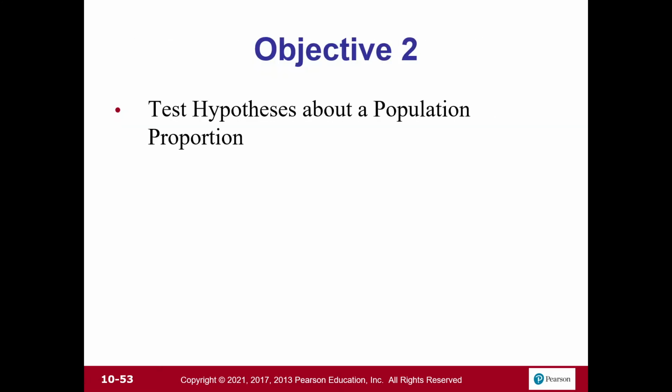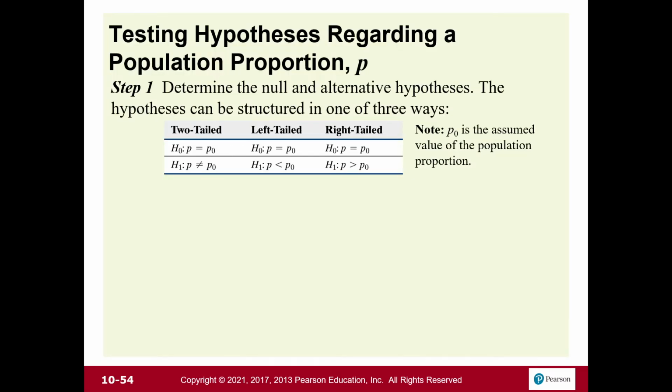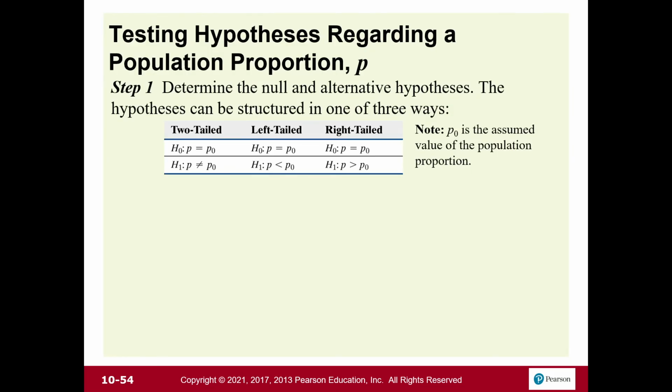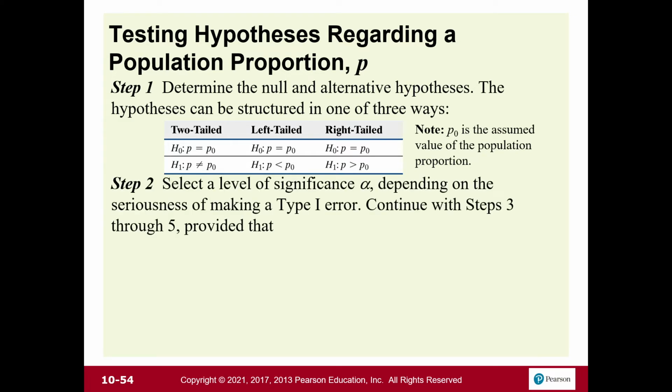All right, so we're going to get into the test hypothesis about a population proportion. And this is how you would conduct it. The first step is to determine the null and alternative hypothesis. Select a level of significance, we call it alpha.